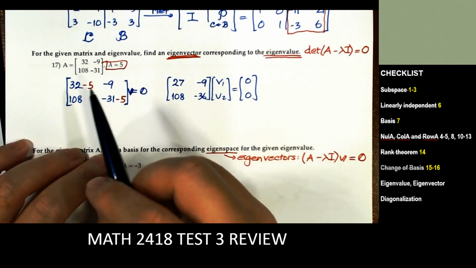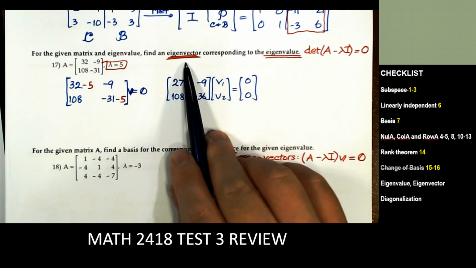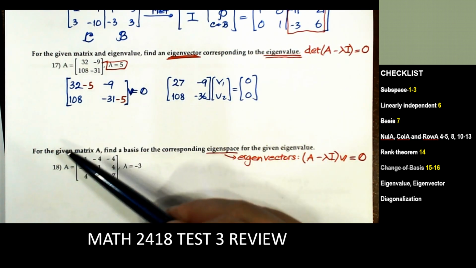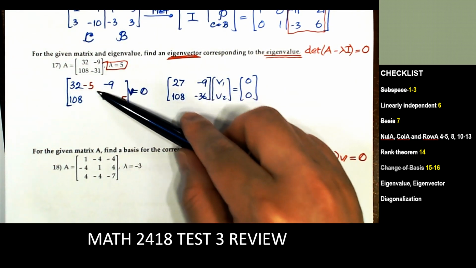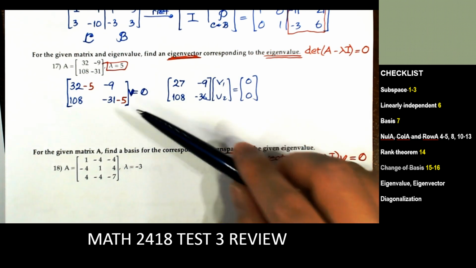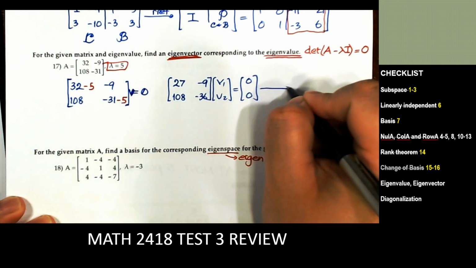So again, we are given the eigenvalues already. We just need to find the eigenvectors. To find the eigenvectors, we solve this equation. So the matrix itself minus lambda, the eigenvalues, on the diagonal. And we make that equal to 0.